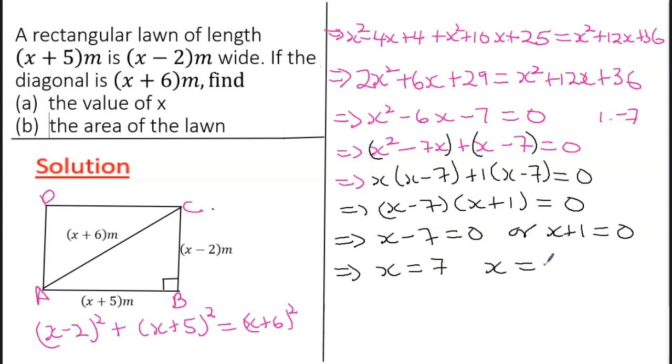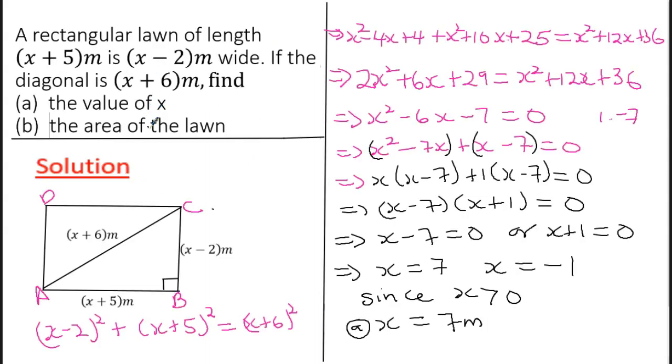Then x is equal to minus 1. Now since we are talking about length, our x cannot be negative. So since x is greater than 0, we have x is equal to 7 meters. That's our A part.